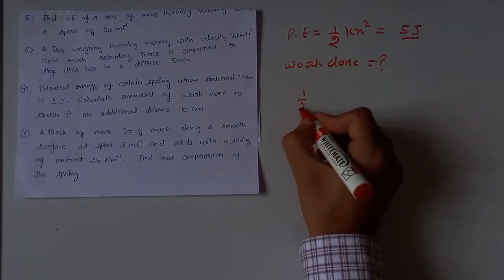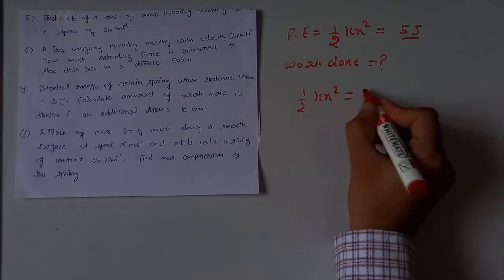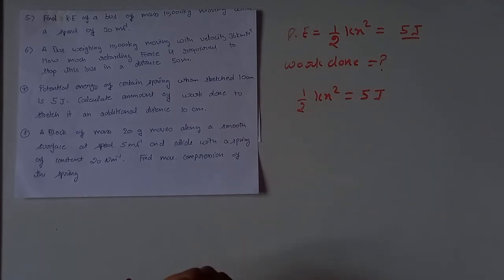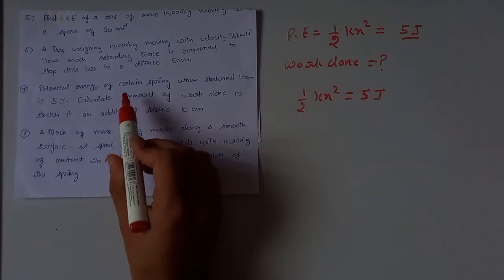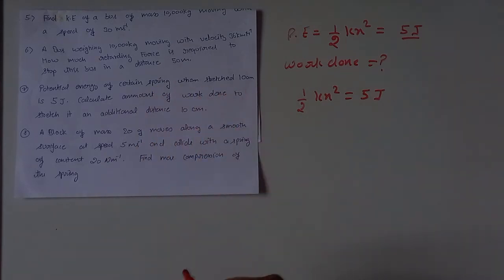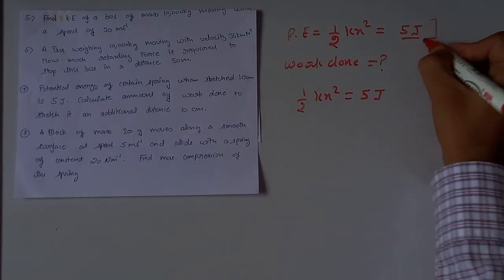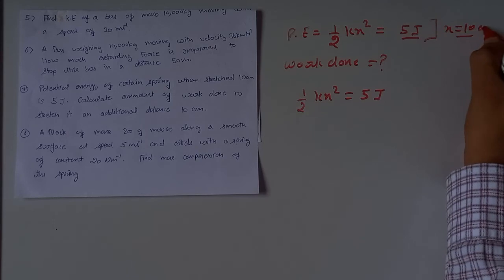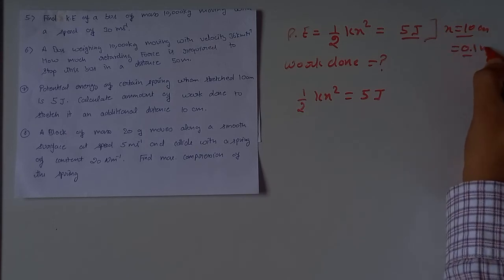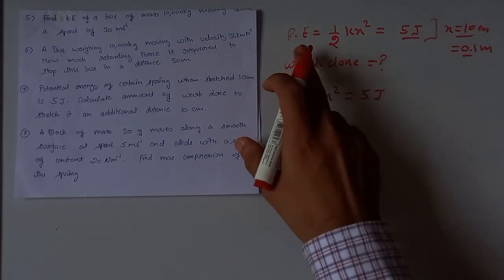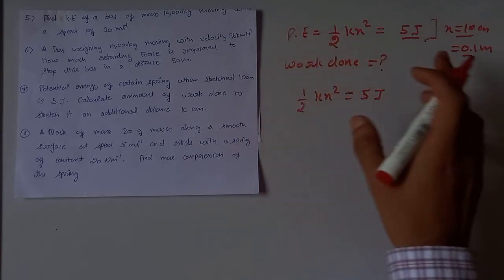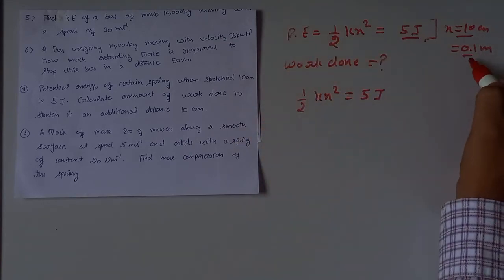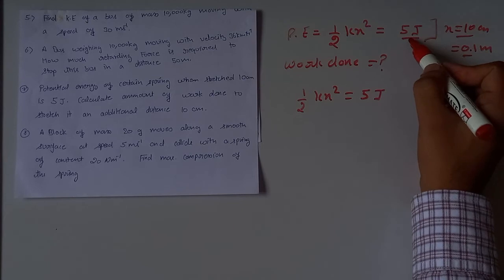Here we get half kx square is equal to 5 joule. The potential energy of the spring when stretched 10 centimeter, where x is equal to 10 centimeter, which is equal to 0.1 meter, is 5 joule.